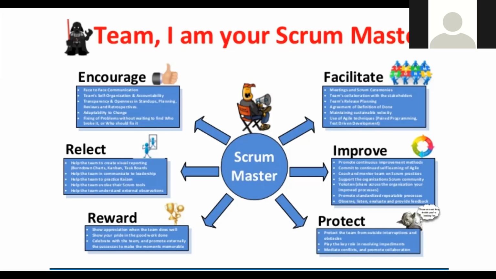Facilitate is a service that the Scrum Master does for the team, the product owner, and the organization. Improve: he promotes continuous improvement methods and commits to Scrum and Agile values. He protects the team, and the team and the organization get rewarded.